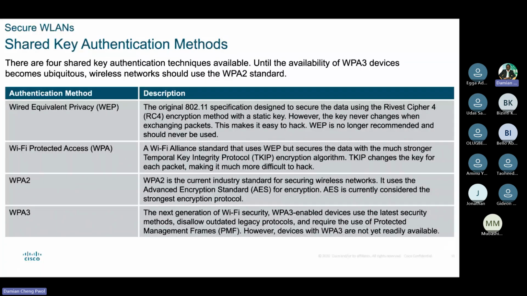It's not the same key. That's the reason why WEP is a lot easier to crack. If you configure your access point to use WEP, it is a lot easier to hack. But if you use this one, it is a little bit more difficult for any hacking to take place.